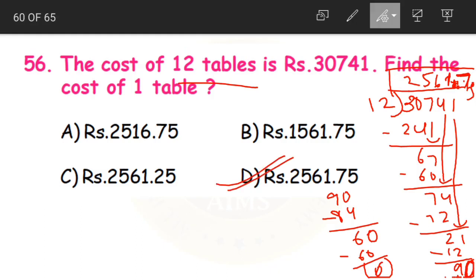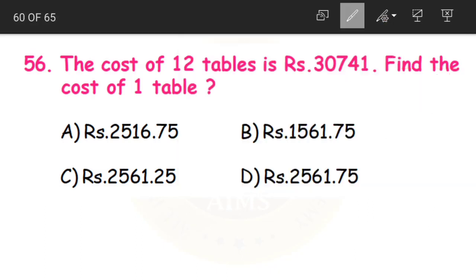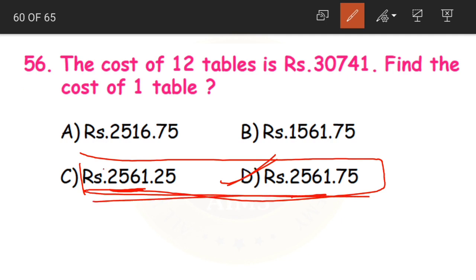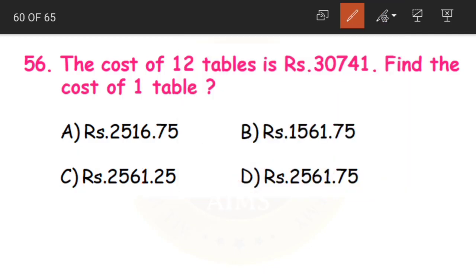Yes, if you are confused with this division because it's a little bit advanced for you, what you can do is, we got 2561, right? We got 2561 as our quotient, and then 9 was the remainder. So from the given two options, the answer can be one of these, because in both of these 2561 is our whole number part. So what you can do is, take this 12 and multiply.